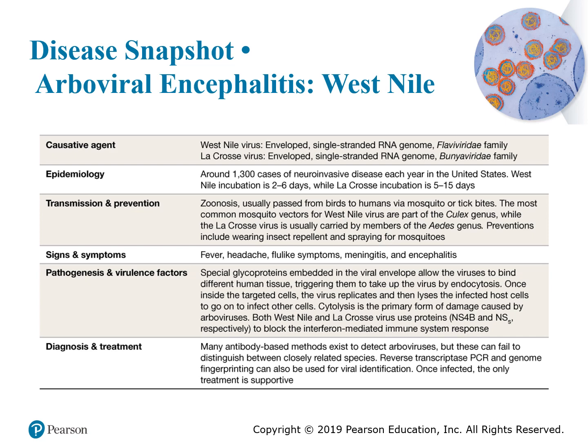Signs and symptoms include fever, headache, flu-like symptoms, meningitis, as well as encephalitis. And this is typically going to be tested for using an antibody-based method, as well as PCR testing to look for this organism. And to treat this organism, you're basically going to treat the symptoms.